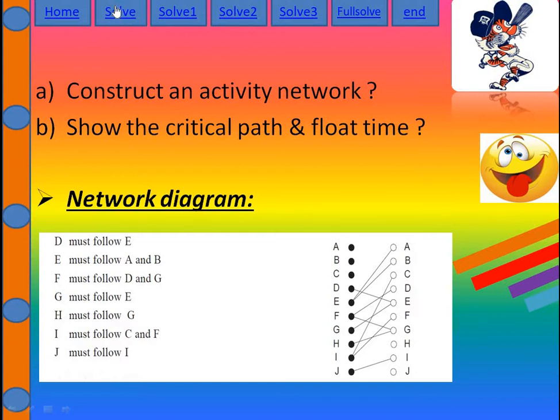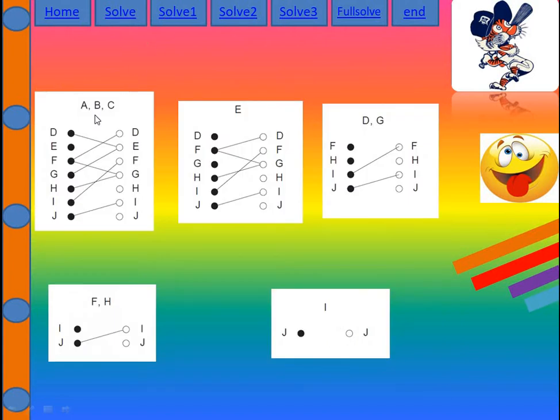For deleting A, B, C, I see that it has no arcs, so in the next step I delete E, and after deleting E I see that D and G have no arcs, so I delete D and G.